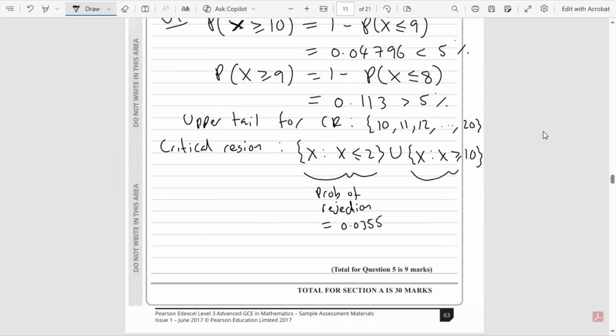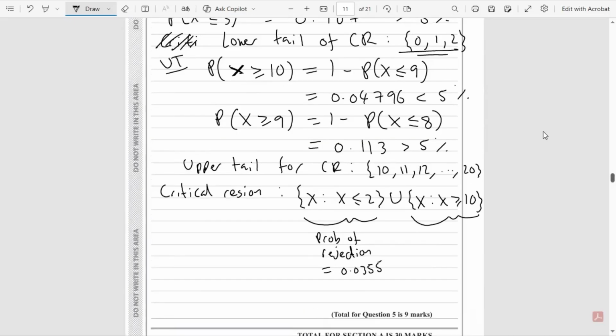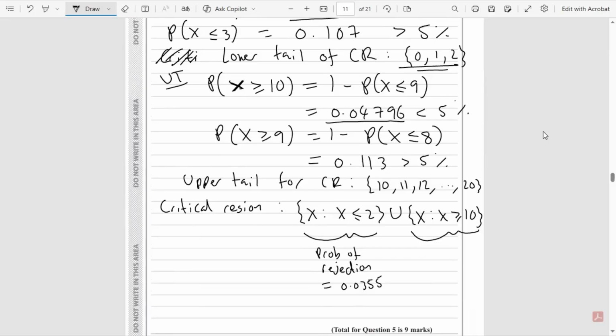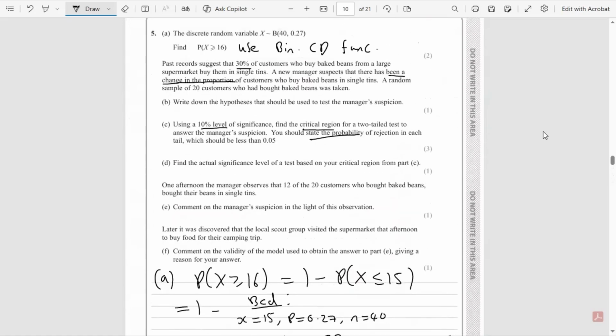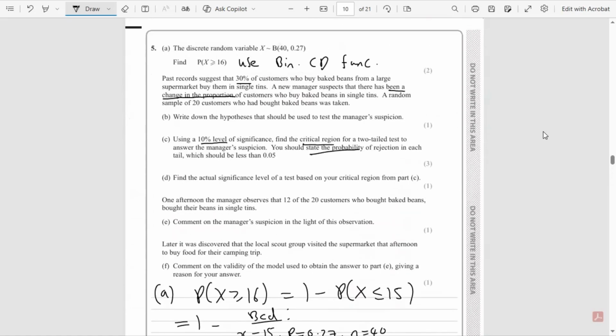And the probability of rejection for the upper tail was this number there, 0.04796. Perfect. So that's part C done. Great. So now let's go to part D. Find the actual significance level of a test based on your critical region for part C.